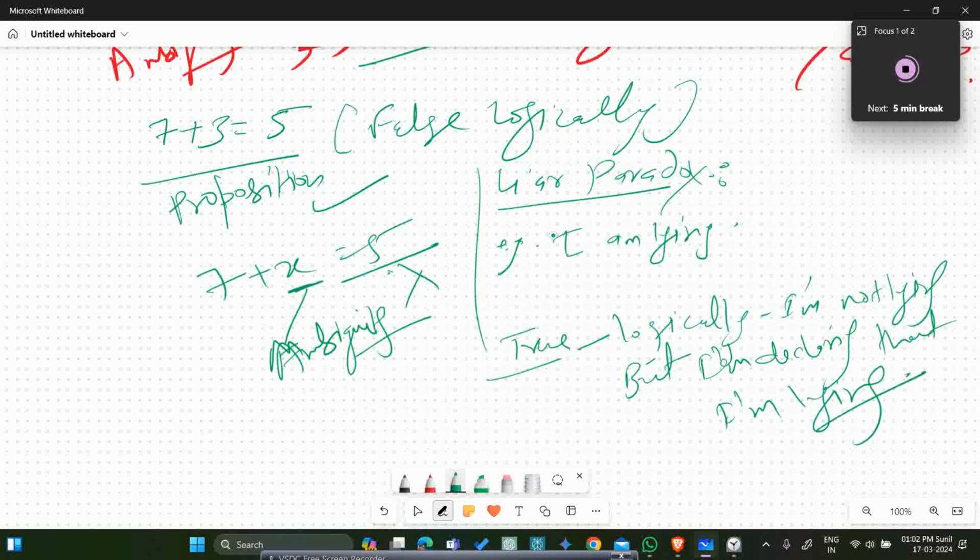So both are contradicting, for self-contradicting statements, both of them, right? I am not lying and I am lying. Both are coming. So liar paradoxes are not propositions.